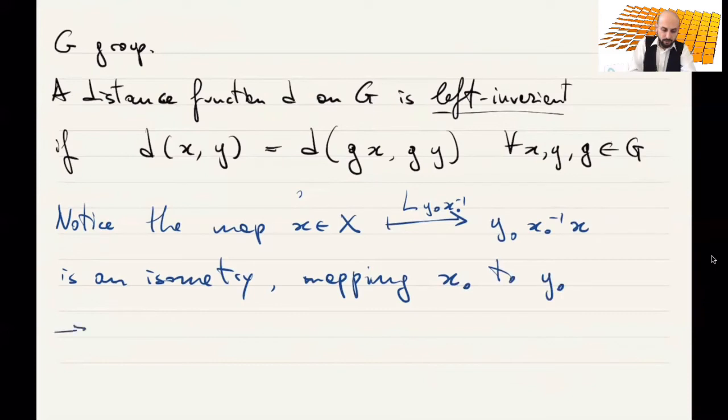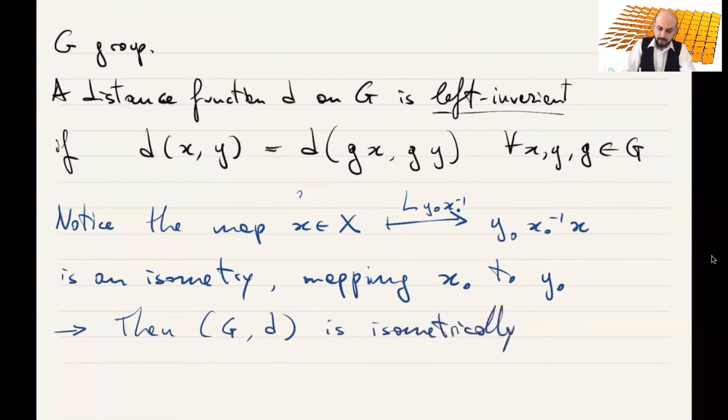And therefore, if you have a group with a left invariant distance, then this metric space is isometrically homogeneous.